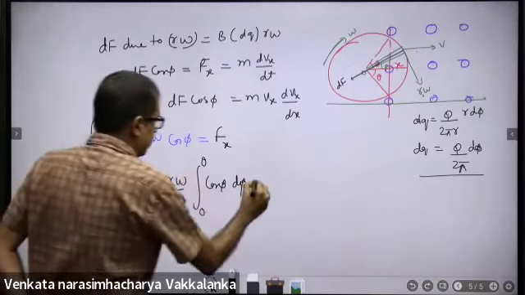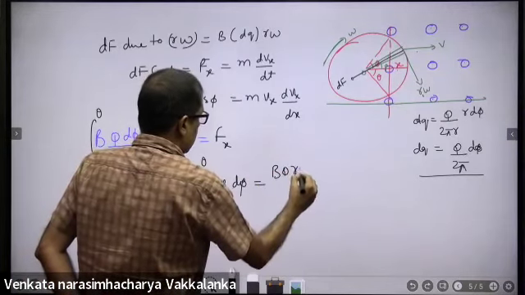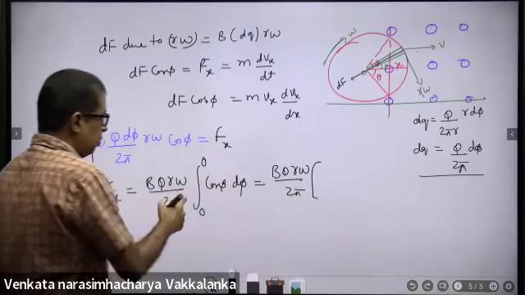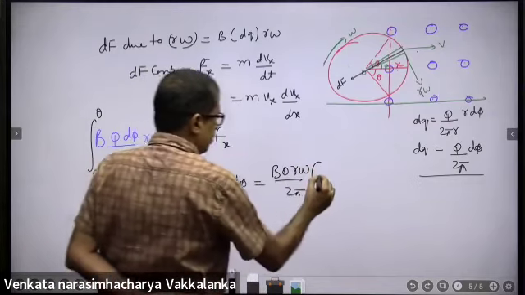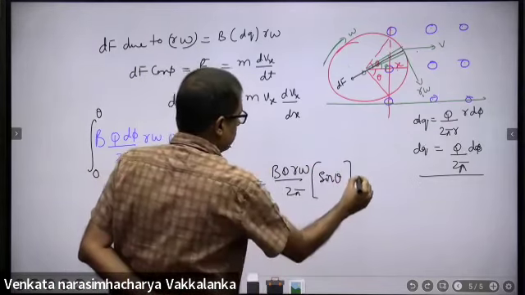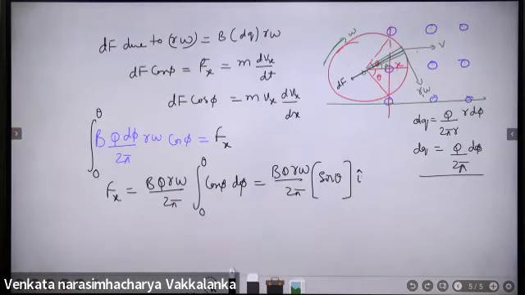How much are you getting this to be? dq R omega by 2 pi. This will be minus integral, not minus, it is sine theta minus sine 0. This is along i cap. Is my simplification correct till here?